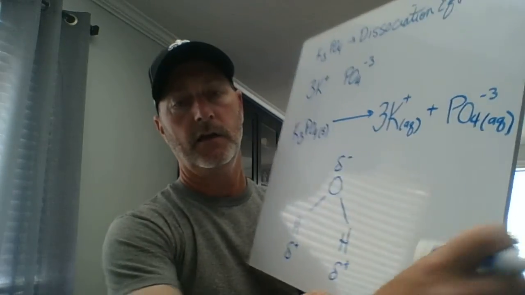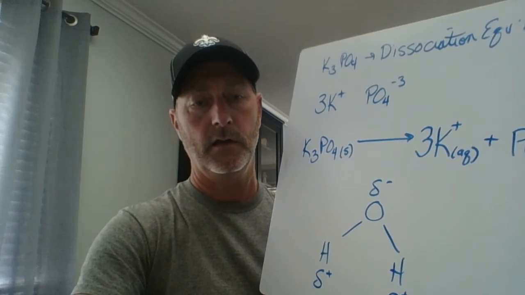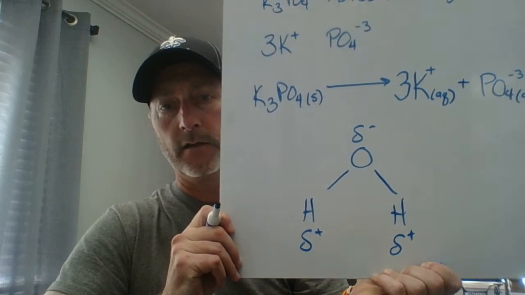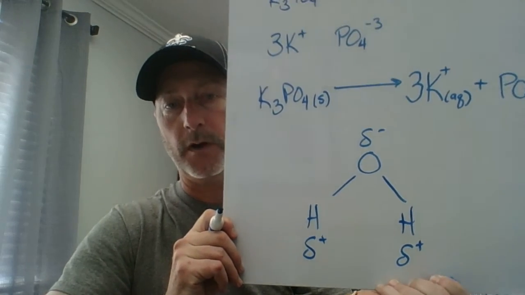Both are V-shaped. So we've got our water. So remember our water molecule. Draw that one for us. Got a little positive charge, well, negative charge. So this is what we've got here. It's that V-shaped or bent molecule.